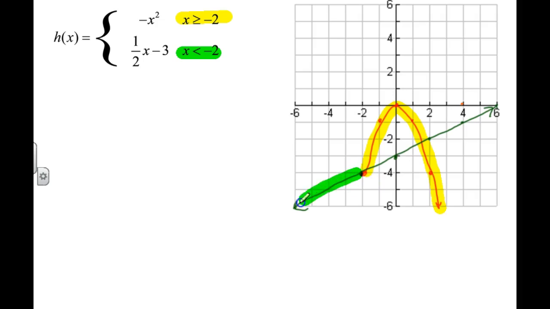Here's what's weird. It actually touches right there, doesn't it? If this were a thing, it would be a closed circle there, but it's an open circle because of the green, but because of this guy, it's a closed circle. So they actually have to happen to touch there. That doesn't usually happen. Get rid of that guy. There we go. That's your piecewise function for this one. So I think you're ready to try some on the homework and see how you do.